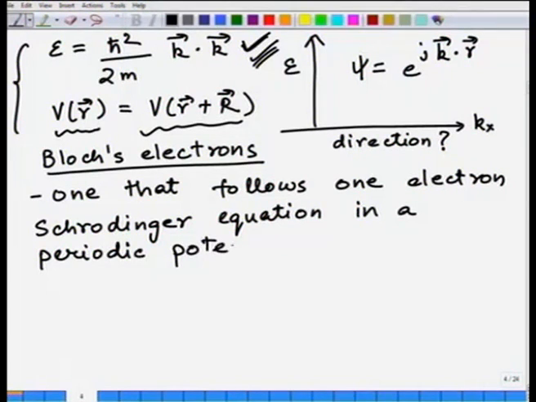Hopefully you see the difference. In the free electron case, that was the only difference: the potential was 0. Otherwise, that was also a one electron problem.